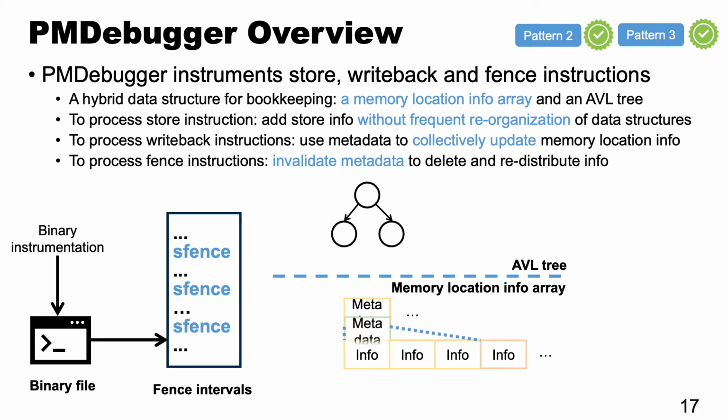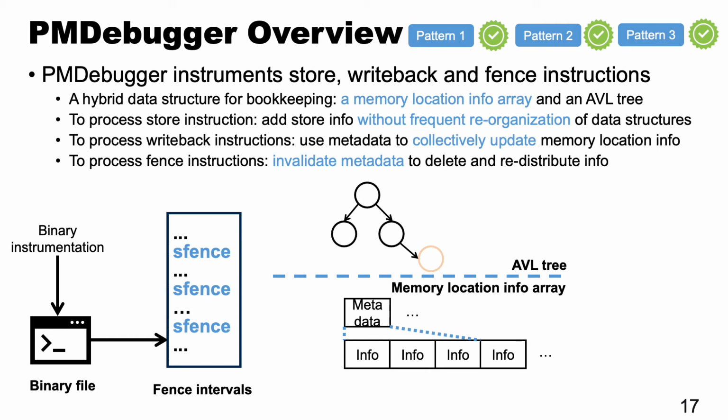When processing a fence instruction, PM Debugger can simply invalidate metadata to enable much faster memory location information deletions, and redistribute some memory location information from the array to the AVL tree to gain the long-term benefits of quick searching. This design is driven by pattern 1. Meanwhile, PM Debugger automatically verifies the information to check bugs according to the defined checking rules.